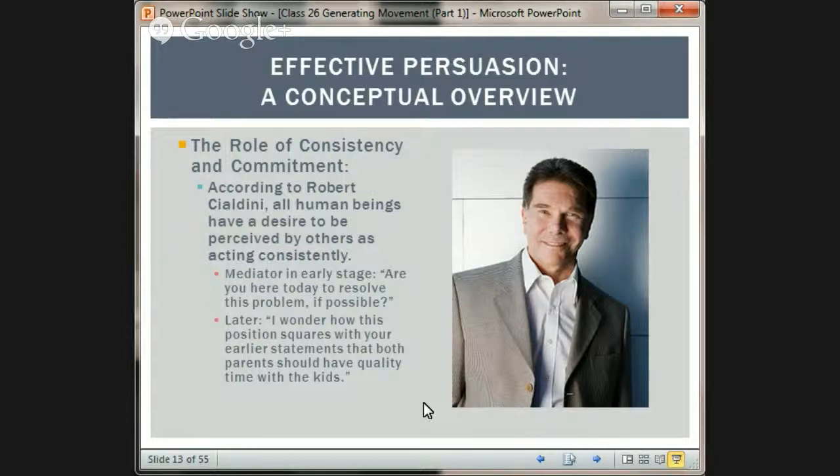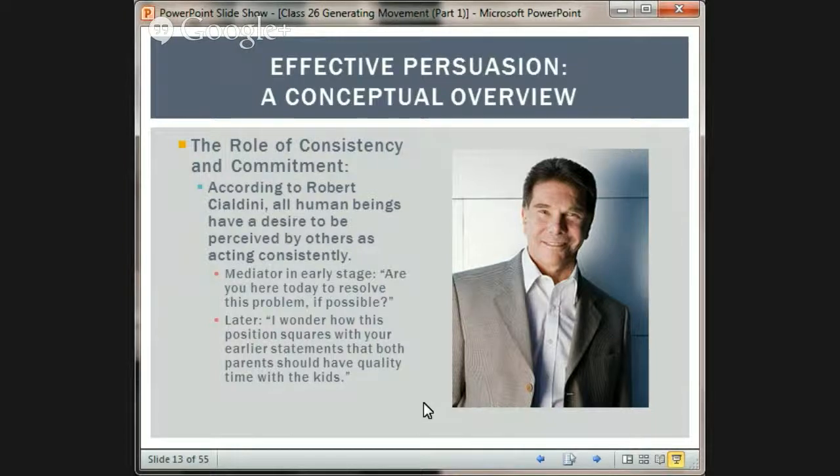So again, as social beings, you want to make sure you can predict what everybody around you is going to be doing. So a mediator in an early stage of the process, even in the orientation, can ask for a commitment: are you here today to resolve this problem, if possible? And then later use that commitment to get people to act consistently with it.